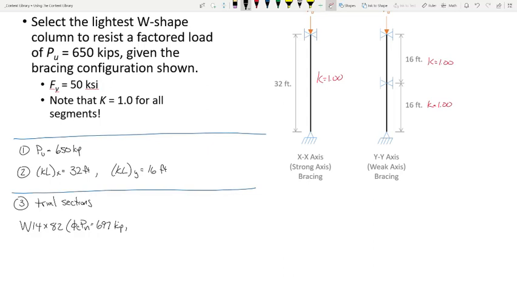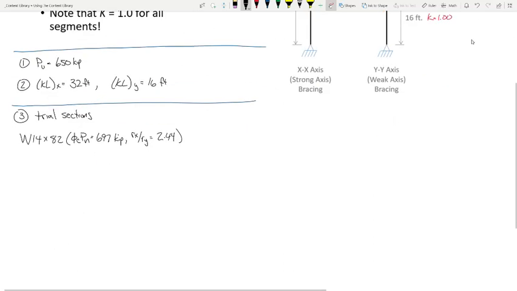These are all going to be trial shapes, so we're going to have to do this for all of them. So help me out. What is Rx over Ry for that section? 2.44. Everybody else see that? Okay, that is a possible option for this column.